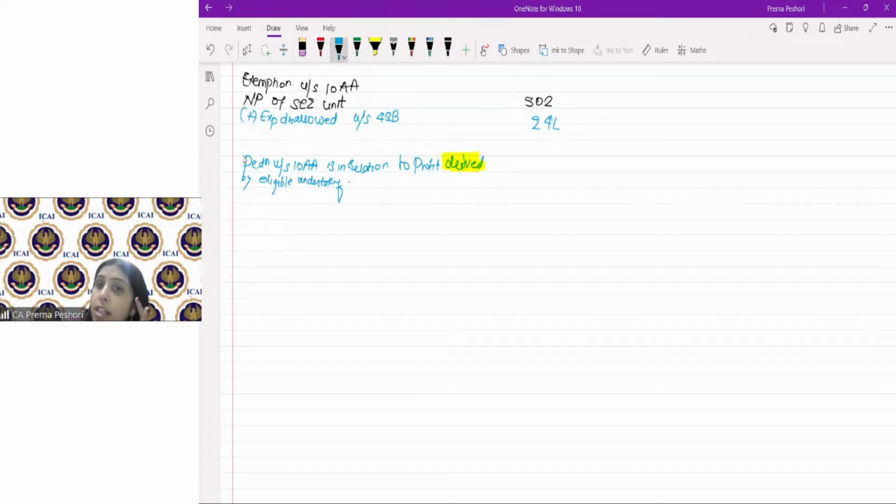Now understand one thing very carefully. What do we understand by the term derived? The term derived which is there, is it same as the term attributable? The answer is no. So the term derived is a much narrower term. The profits which are derived, so income which is derived by the eligible undertaking.